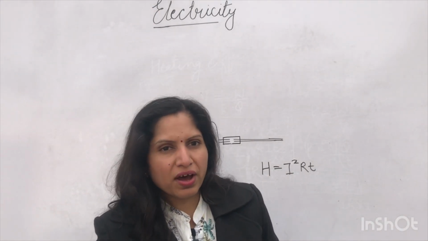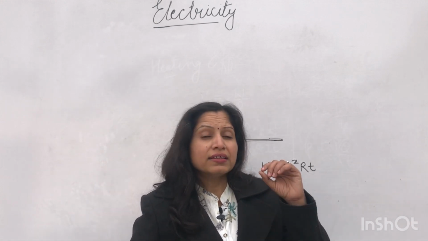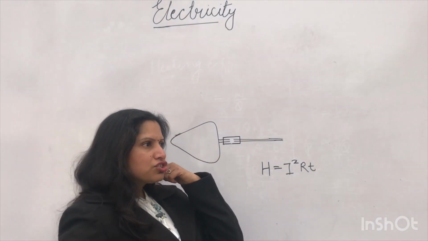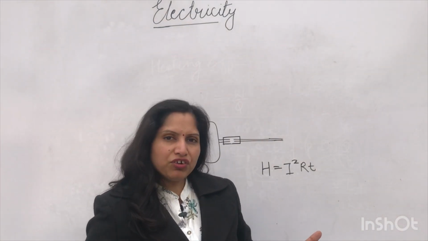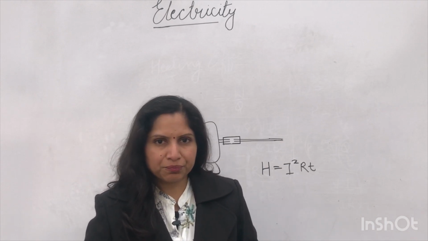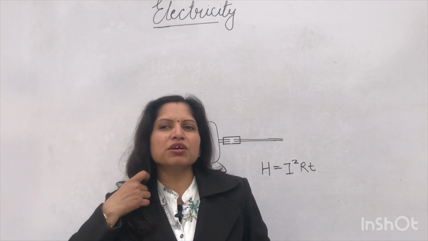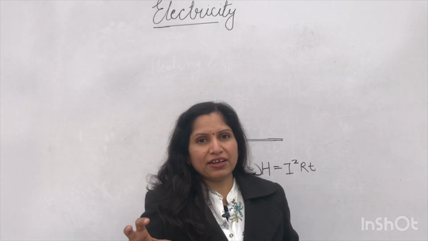A similar fuse wire is also there in our electric main supply. That is a precautionary device that is there in our appliances, that is a safety measure for our electrical devices to keep them protected. Okay, in exam sometimes you can have a question, what are the two safety devices used in household electric circuits?